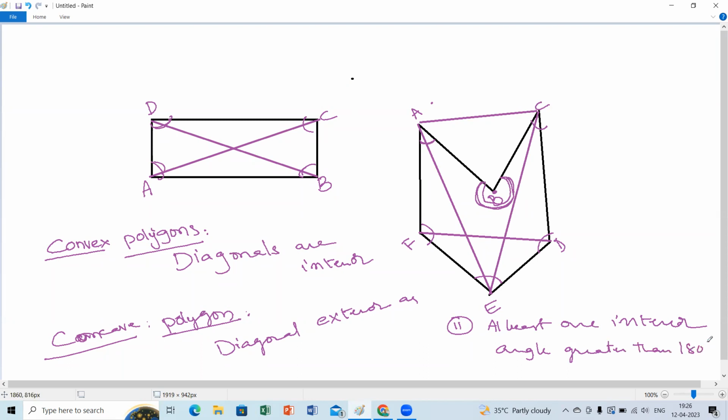Or you can say reflex also. So at least means maybe it is 2, maybe it is 3, maybe it is 4. But at least one should be present.